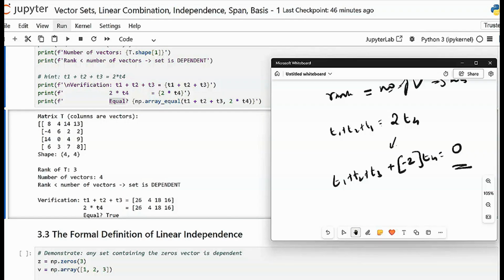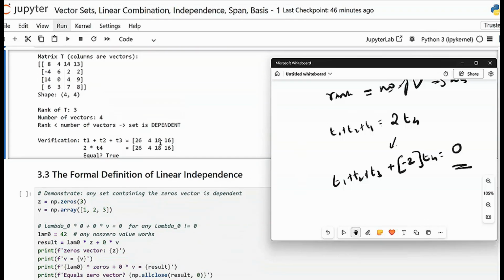So even though we have four vectors, T1, T2, T3, T4, they only span a three-dimensional space. So one vector can be built from the others.